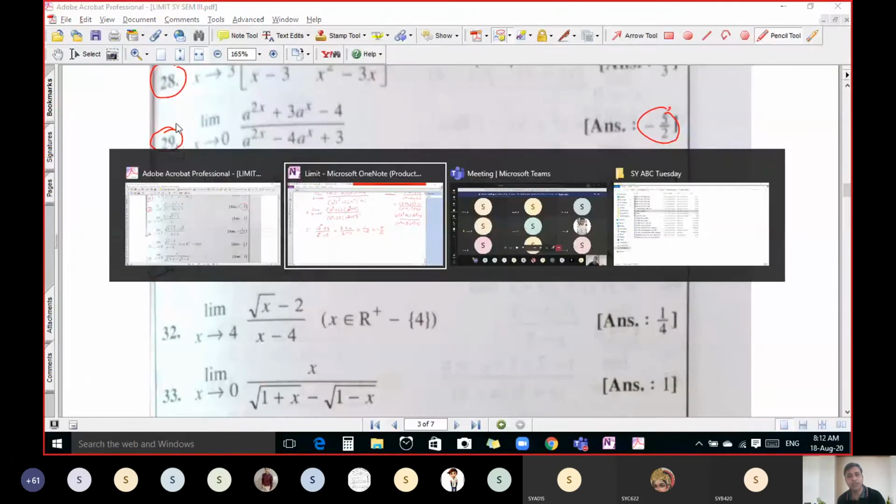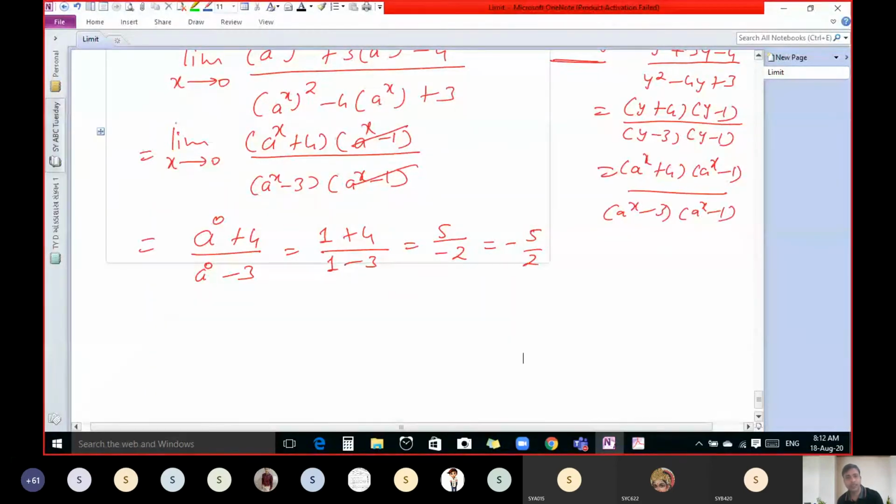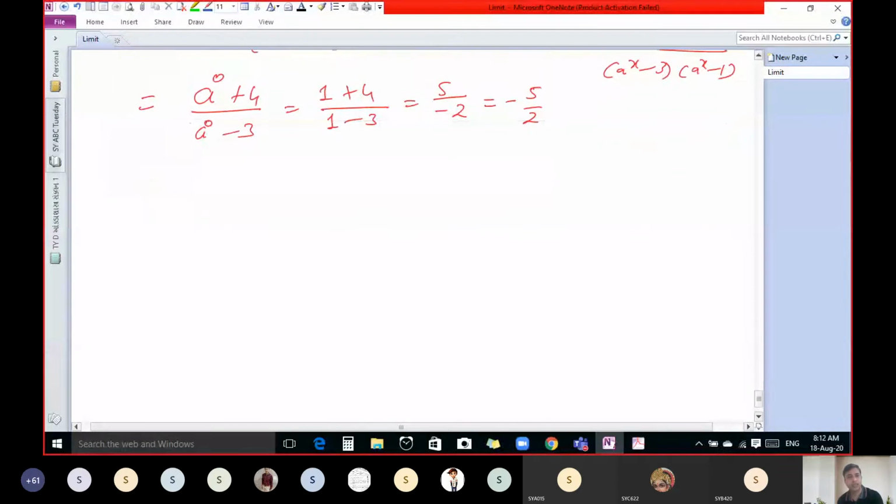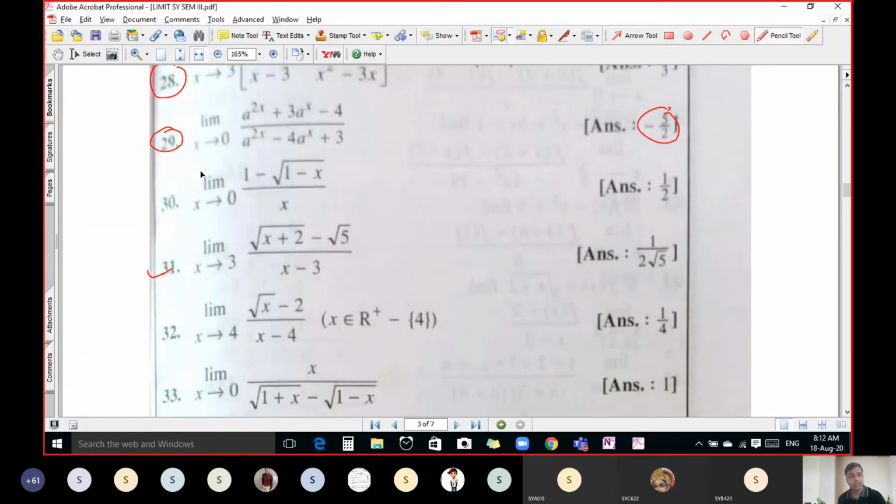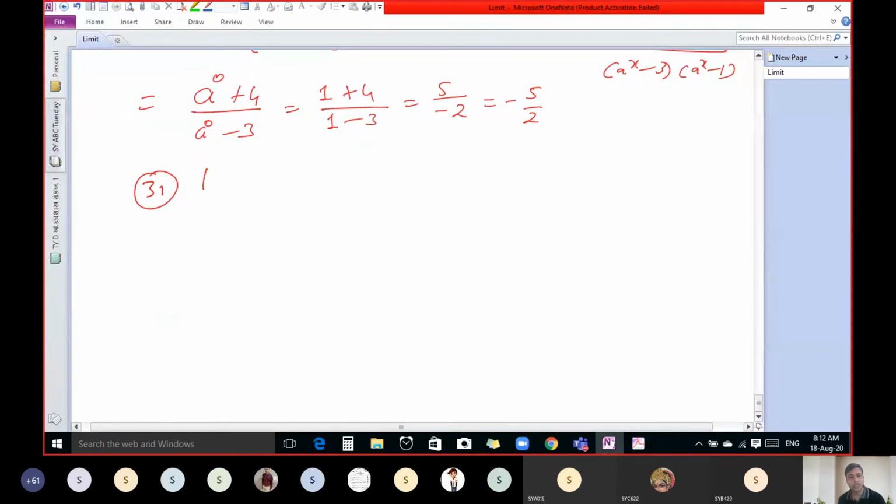Okay, now let us do question number 31. Limit x tends to 3, root x plus 2 minus root 5 upon x minus 3.